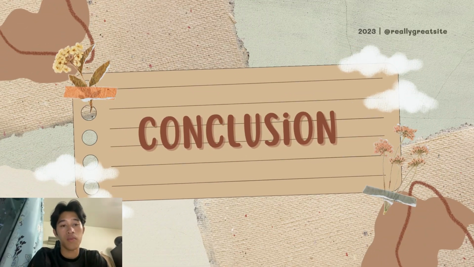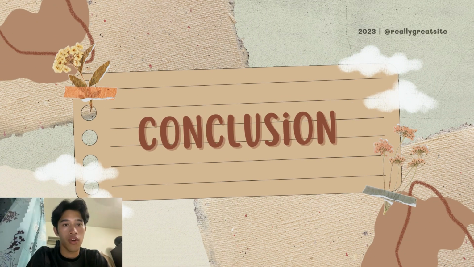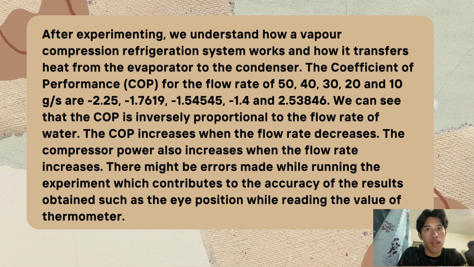So I will be explaining the conclusion of this experiment. After we have done the experiment, we found out how the vapor compression refrigeration system works and how it transfers heat from the evaporator to the condenser. For the coefficient of performance, COP, when the flow rate is 50, the COP is negative 2.25.